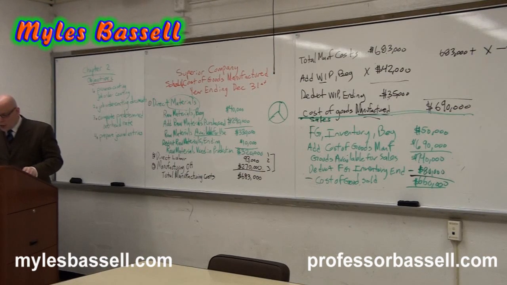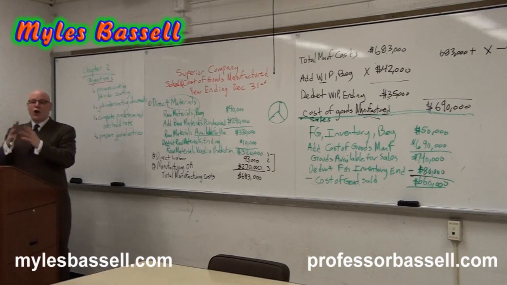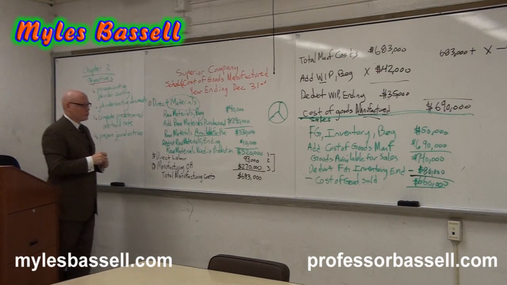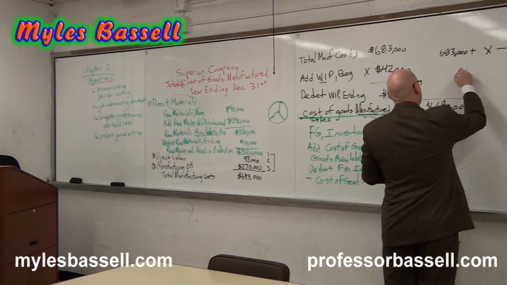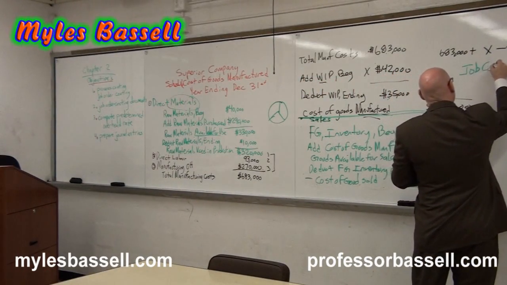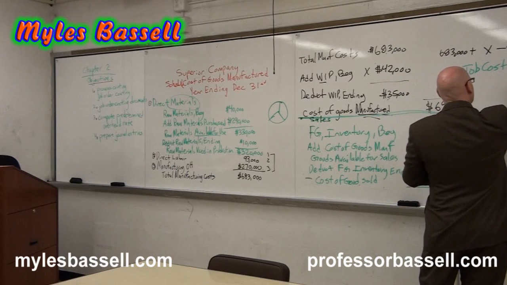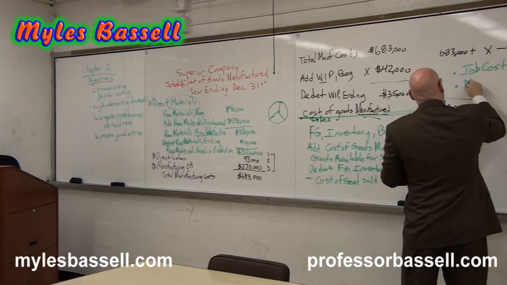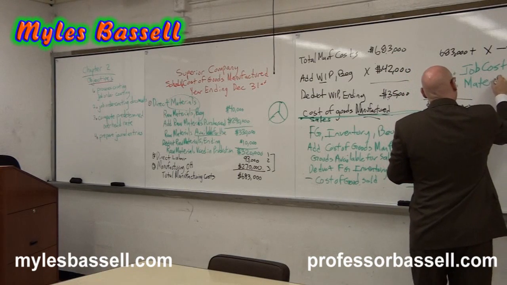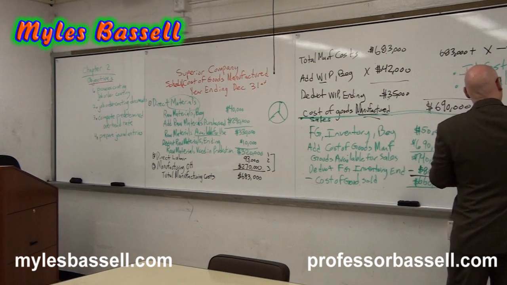All right, so in the job order costing system, there's a couple of documents we need to be familiar with. All right, the first is the job cost sheet. The second is the materials requisition.